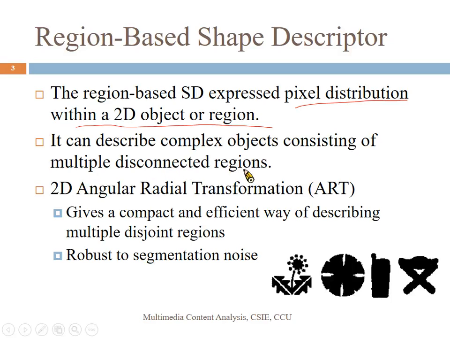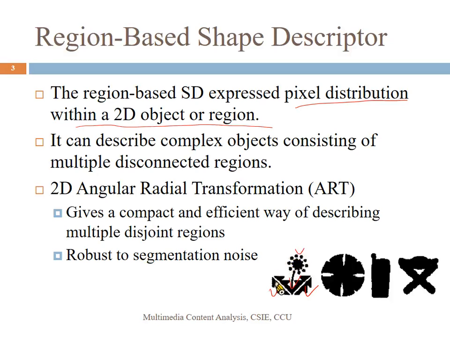For example, this object actually consists of many disconnected objects, like this one, and this one, and also this one. You can see many disjoint small objects here.